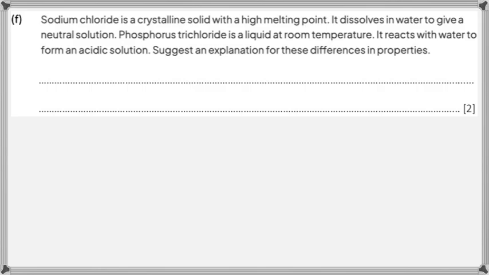While phosphorus trichloride is a combination between 2 nonmetals, meaning it's a covalent compound. So we can mention that. So we can write it down like this: sodium chloride is ionic, and phosphorus trichloride is covalent.